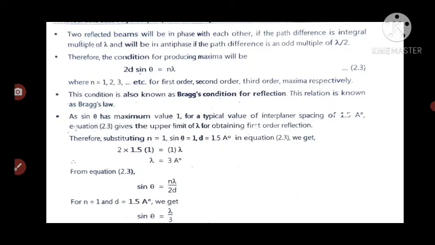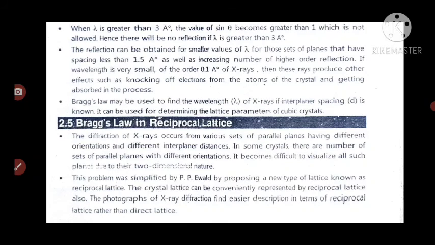From the equation, sin theta equals n lambda divided by 2d, which becomes lambda by 3. When lambda is greater than 3 angstrom unit, the value of sin theta becomes greater than 1, which is not allowed.